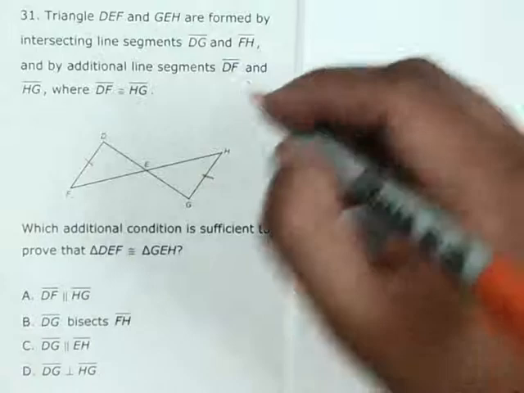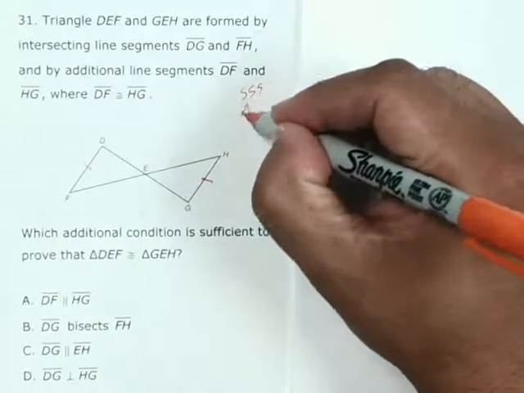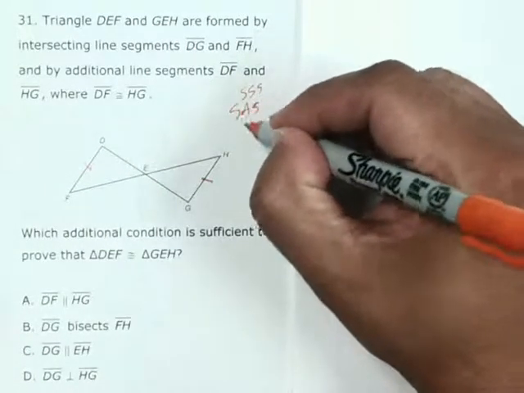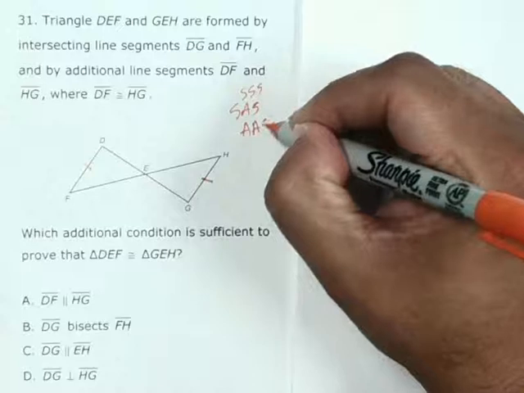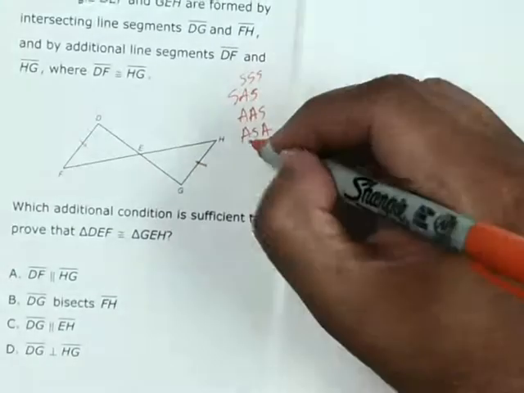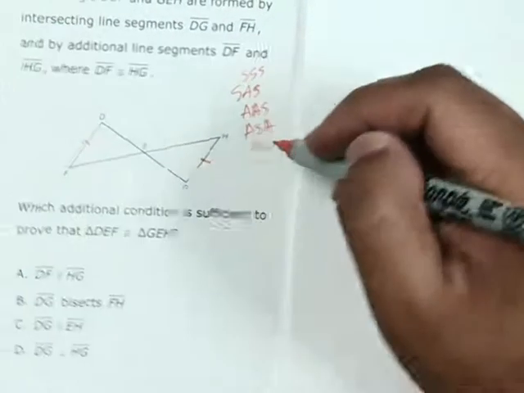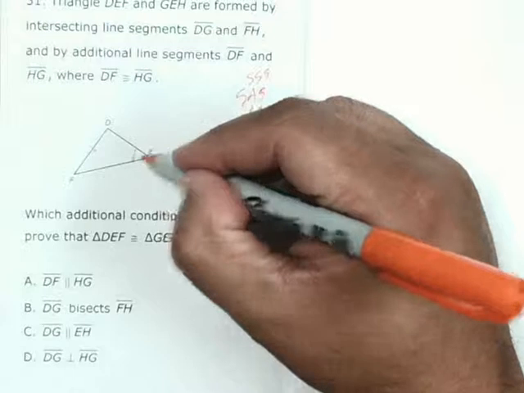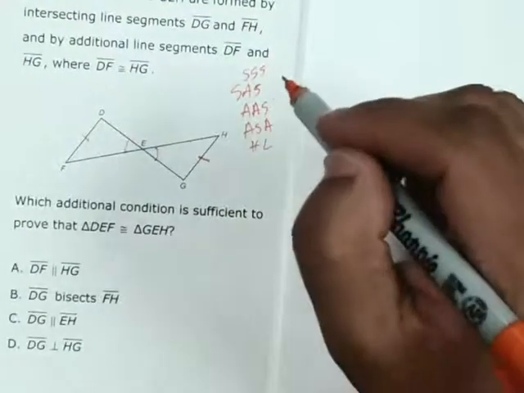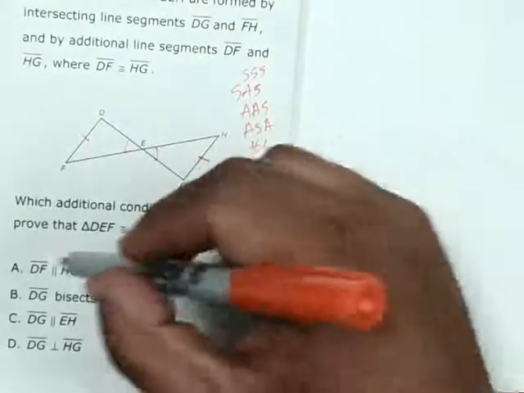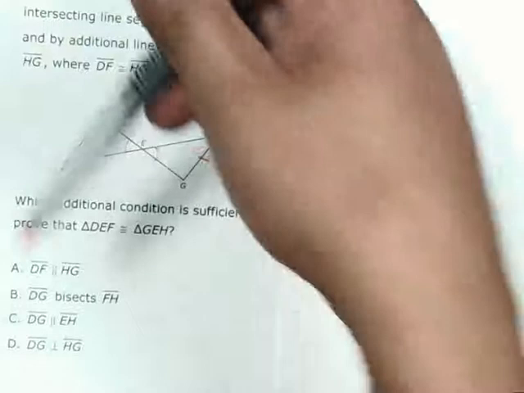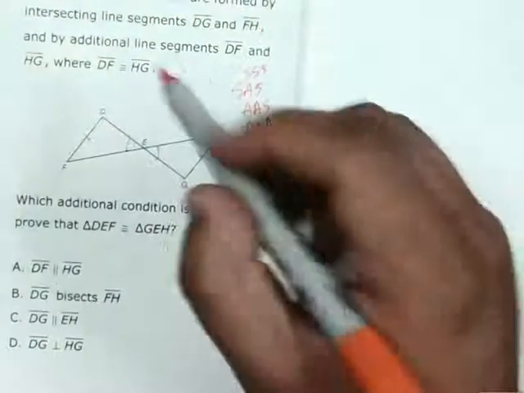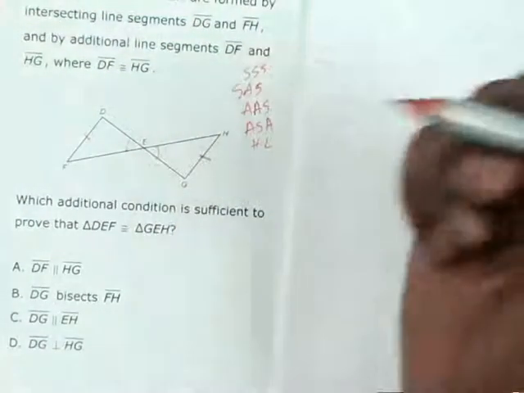Okay, so this is again going with the side-angle-side theorems that we talked about way back when. Notice that vertical angles, that's given. That's something that you would automatically be able to say. So DF parallel to HG. If these two are parallel, what does that mean? Could you use that?